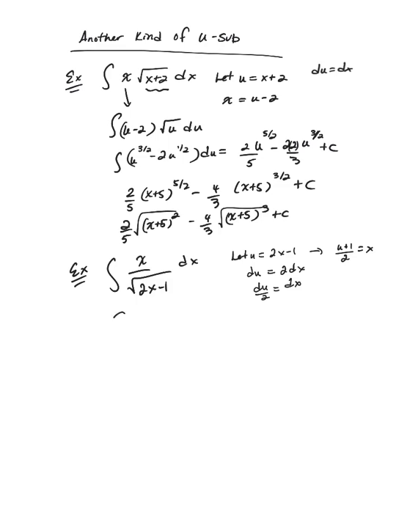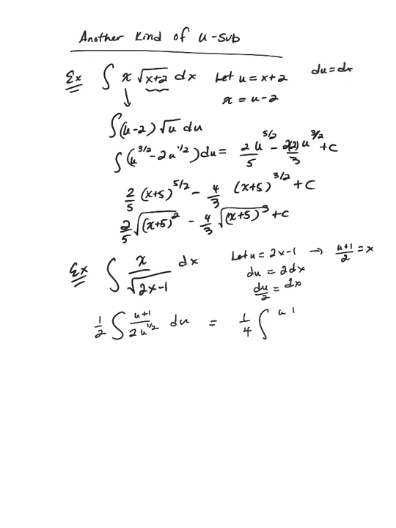So my new integral, I'll put the 1/2 outside from the du over 2. But that numerator is going to be u plus 1 over 2. So I could put that 2 in the denominator. And now the denominator is just u to the 1/2. Okay, so I can take out this 2 in the denominator.